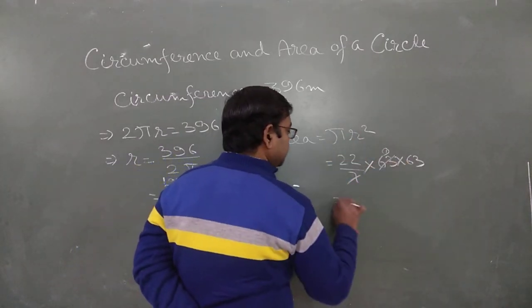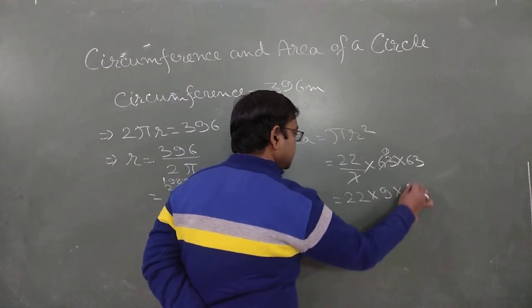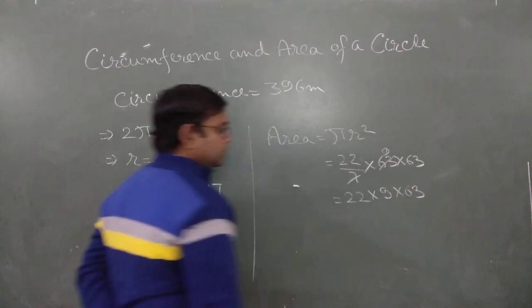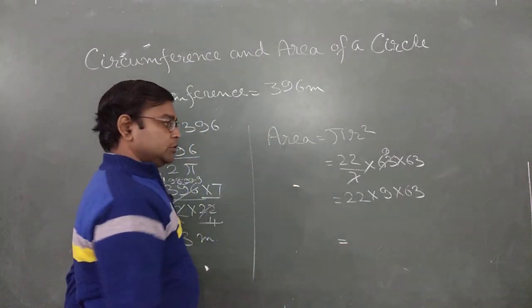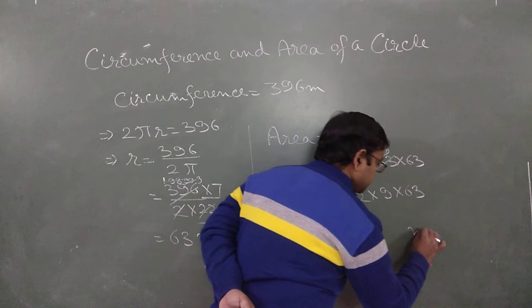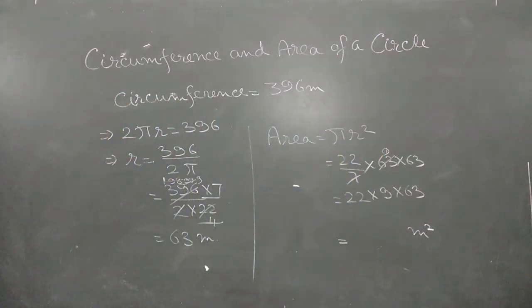We can easily multiply these things and we have our area. I am not going to write down the calculation; you have to solve it by yourself. This is the unit, meter square. So this is the way of finding the area if the circumference is given to you.